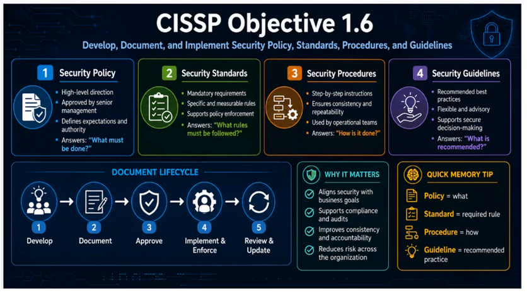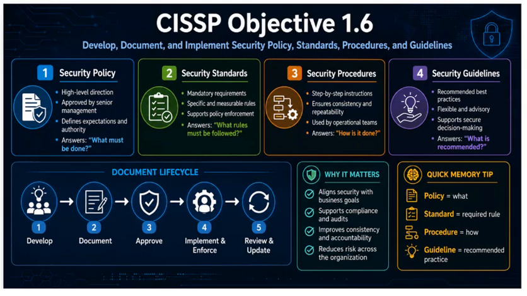Standards and procedures are often developed by security, IT, compliance, legal, privacy, and business stakeholders. Documents should include ownership, version control, approval dates, review dates, and revision history. Without proper documentation, security expectations become unclear and difficult to enforce.